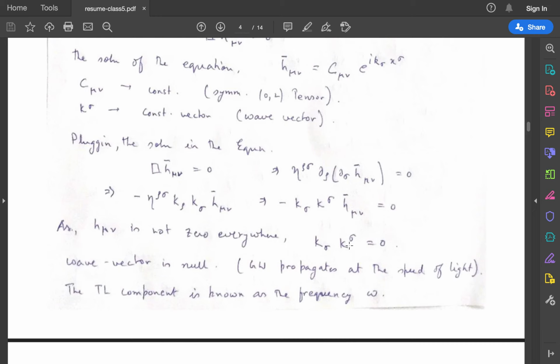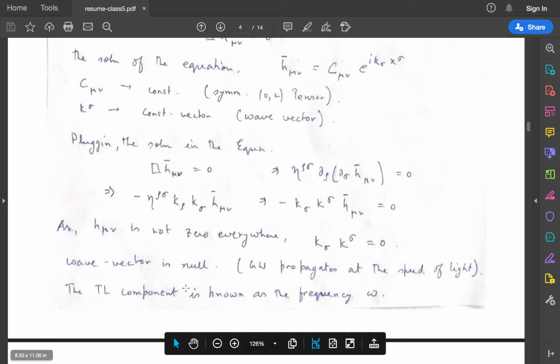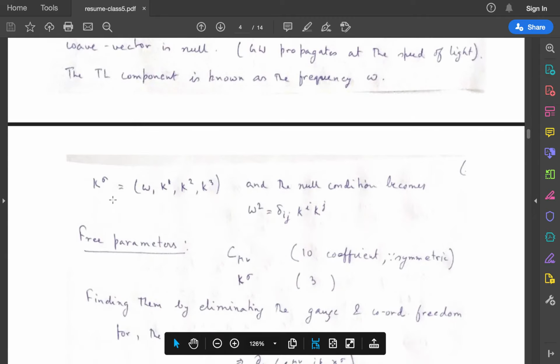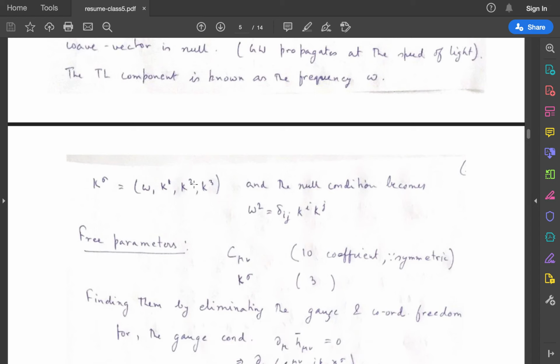The time component of this wave vector is known as the frequency ω. The total wave vector can be written in terms of this frequency ω plus k1, k2, k3, which will be different for different problems. And the null condition becomes ω² = δ^ij k_i k_j.